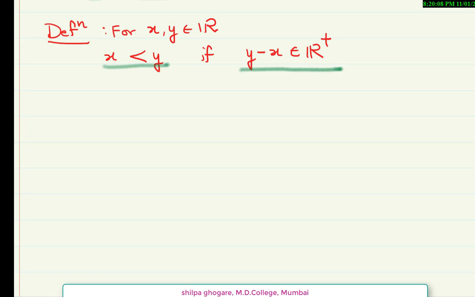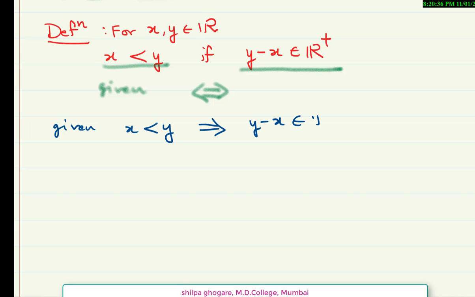Now please note that whenever you have a definition, it is actually read both ways. If it is given that x is less than y, then this implies y minus x belongs to R plus.